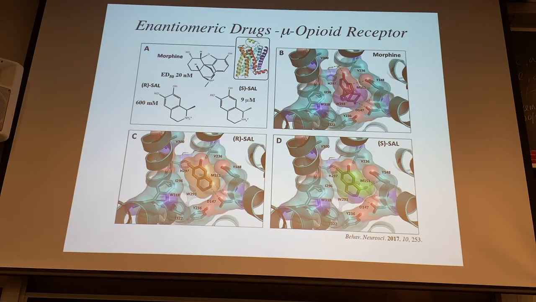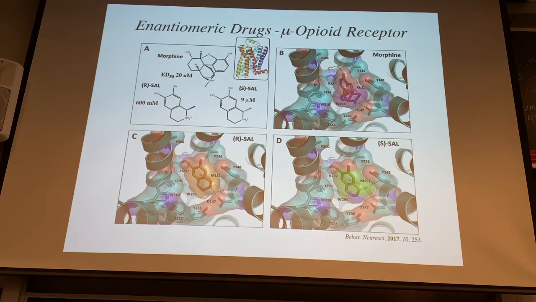But here's one here, salvinorin A, or sal here. And there's just one stereocenter in sal, so it's a little easier to make. Here's the R form right here, and that's the stereocenter, okay? And the S form. And this is the magnitude of binding, or the effective dosage that inhibits 50% of the opioid receptor. It's through the kappa opioid receptor, I think, which is the important one for pain.